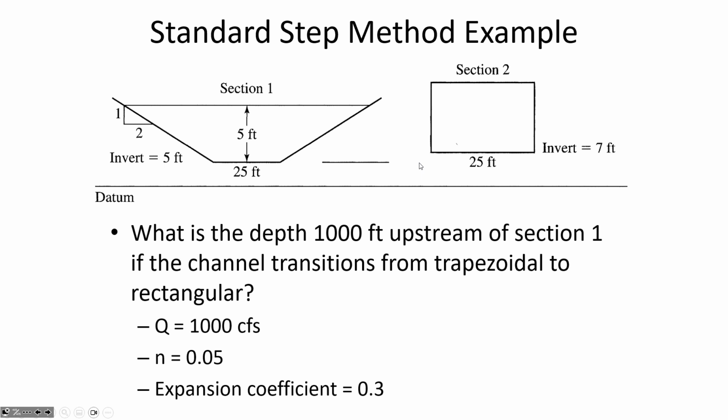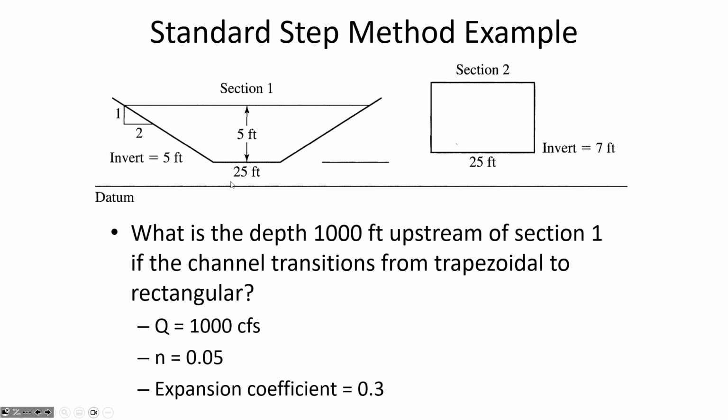And upstream, the invert is 7 feet. And so from that we can know the channel slope, because it's 1,000 feet between them and 2 feet of elevation. So that's how we're going to know the slope of the channel. So we've got 1,000 cubic feet per second going through that.